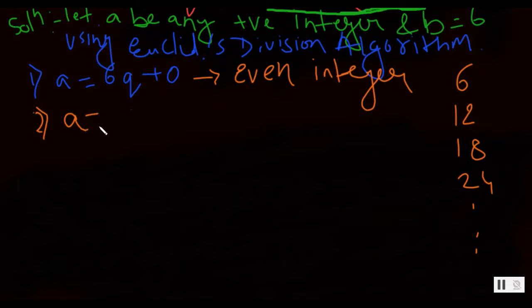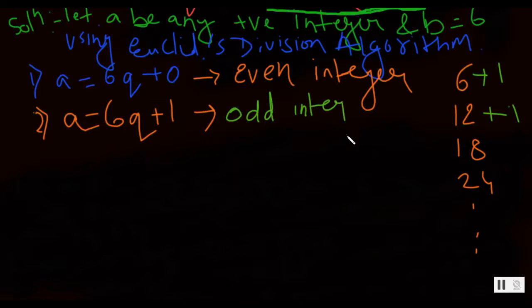A equals 6q plus 1. Now, if we add 1 to 6, it will give us 7. If we add 1 to 12, it will give 13, and likewise. So it will always result in an odd integer.